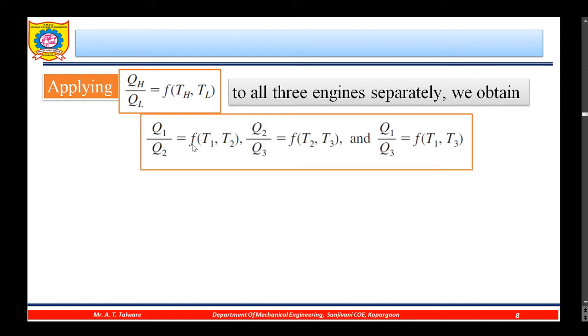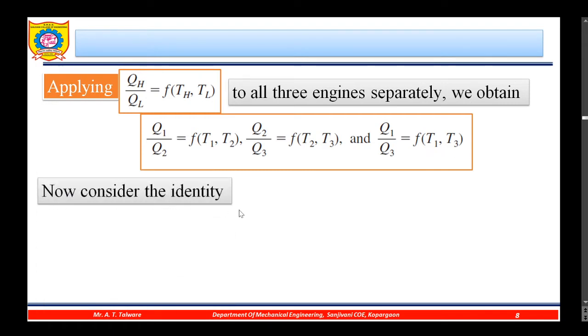Q1 by Q2 is a function of T1 and T2, Q2 by Q3 is a function of T2 and T3, and Q1 by Q3 is a function of T1 and T3. Now consider the identity: Q1 by Q3 is equal to Q1 by Q2 into Q2 by Q3.